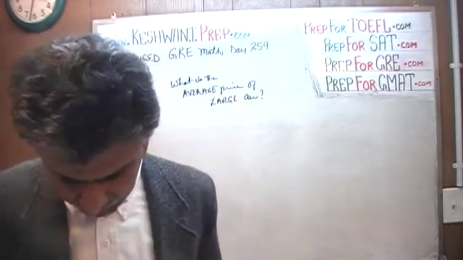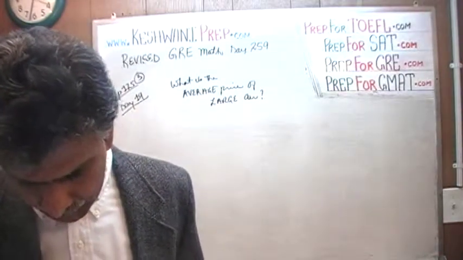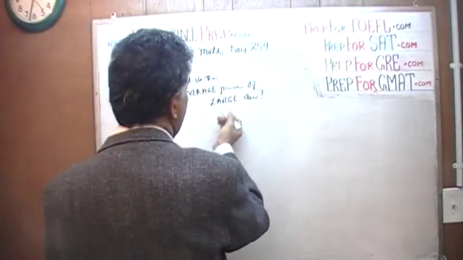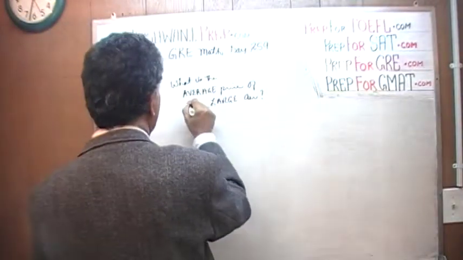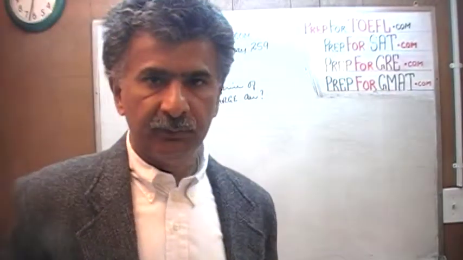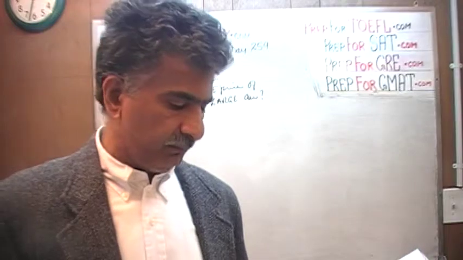Let's see how exactly they phrase it. For the large cars sold, what's the average price of the large car sold? Not the average asking price, but the average price at which the car was sold.